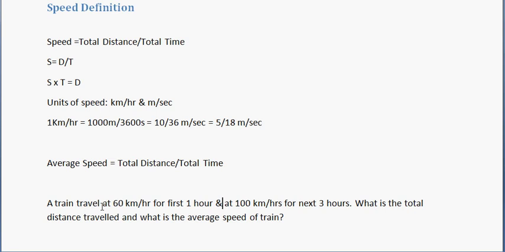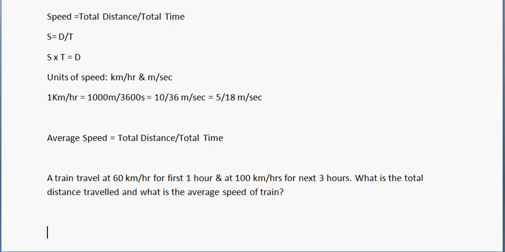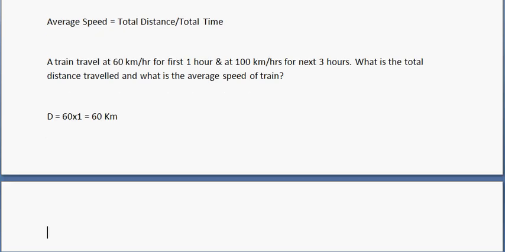A train travels at 60 kilometers per hour for 1 hour and 100 kilometers per hour for the next 3 hours. What is the total distance traveled and what is the average speed, right? Total distance traveled is equal to distance traveled at 60 km per hour plus distance traveled at 100 km per hour. So distance traveled at 60 km per hour would be 60 multiplied by time, which is equal to 60 kilometers, right?